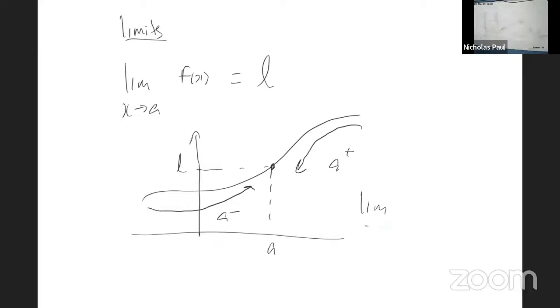So the limit as x approaches a from the right has to be equal to the limit as x approaches a from the left, right?